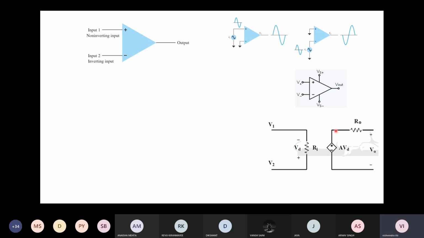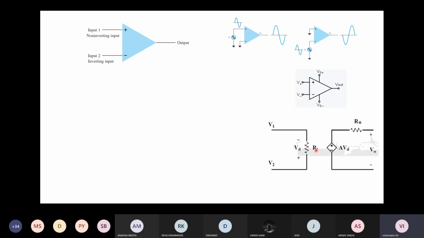So equivalently, what we can say is that on the input side, the op-amp has an input resistance Ri, and this resistance, also known as input impedance, is extremely high. So for an ideal op-amp, this Ri is infinity, almost should be infinity.